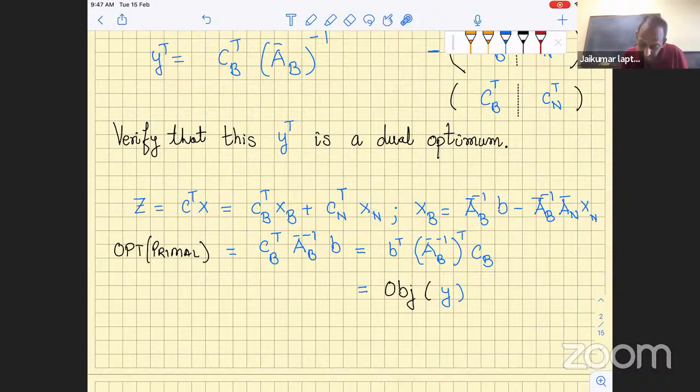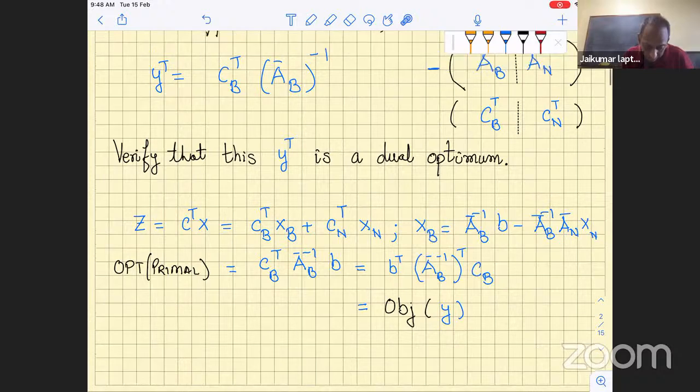But notice that I can write this as the dot product of this and this. I'm just taking its transpose, so I'm writing this transpose times this transpose, and the CB goes here.